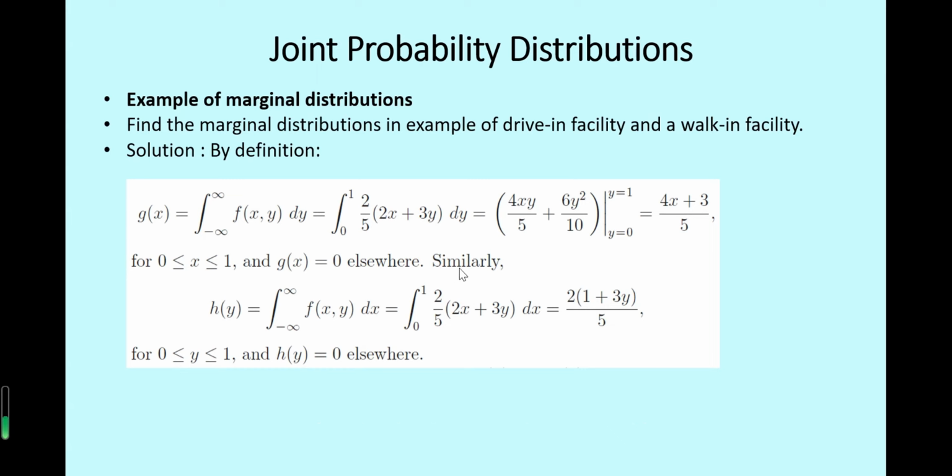Similarly, we get the marginal distribution of y using the integral of f(x,y) over dx, and the result is 2(1 plus 3y)/5, where the available region for y is between 0 and 1.